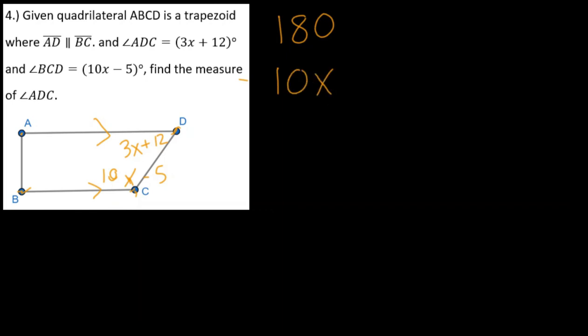10x minus 5 plus 3x plus 12 is of course equal to 180. Now from here, on this left side, all we want to do is combine our like terms from the very start.